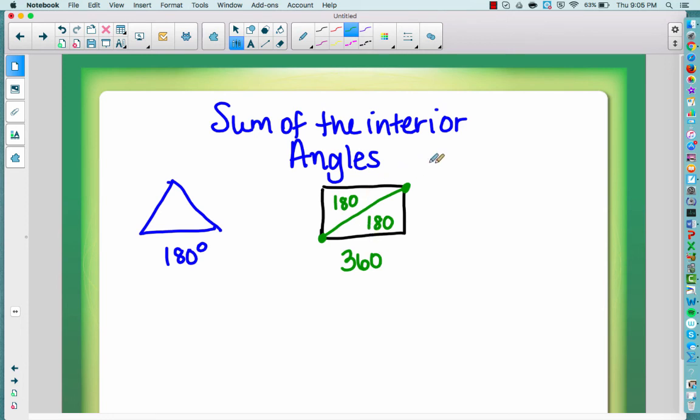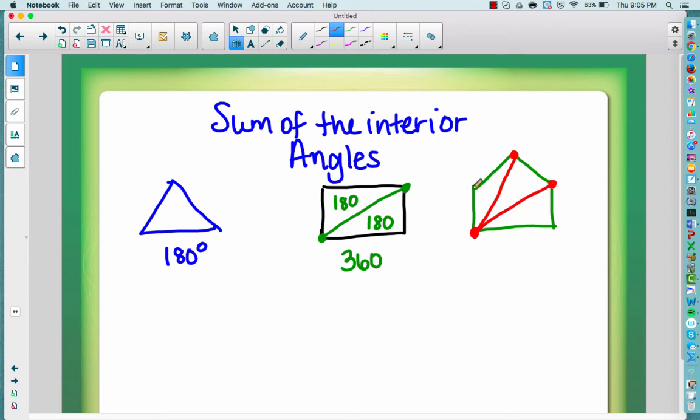Okay, let's look at a pentagon. All right, so here's my pentagon. And I'm going to pick one vertex right here. And I'm going to draw those triangles again that I can find. Okay, so I can draw a triangle up here to this vertex. And I can draw a triangle here to this vertex. And I think that's it.